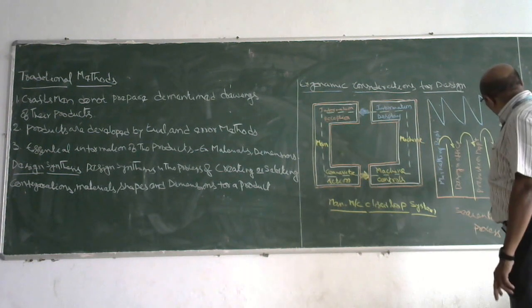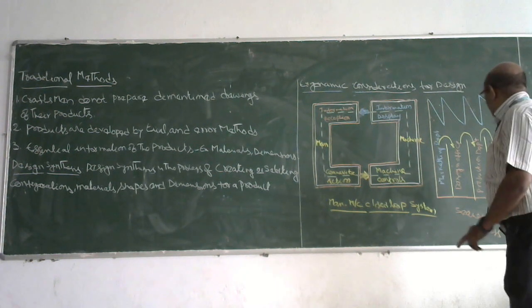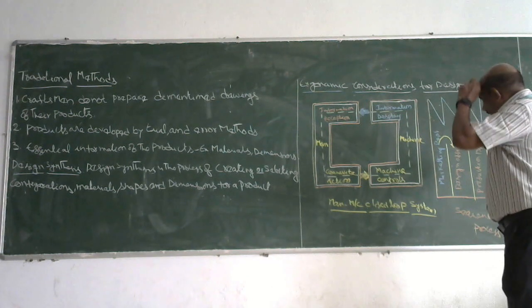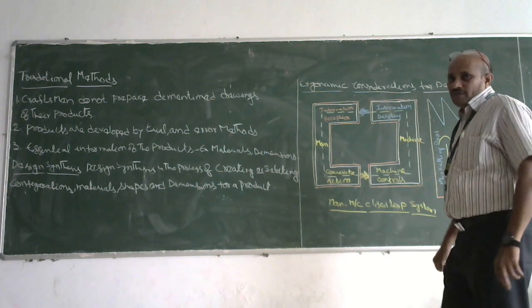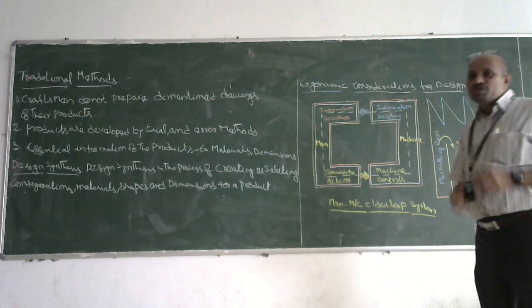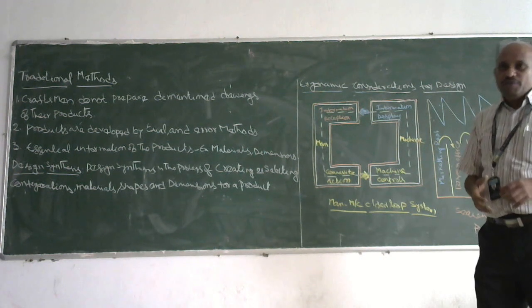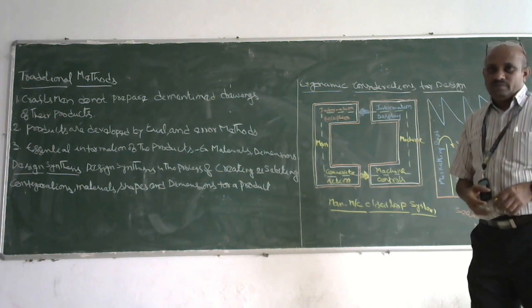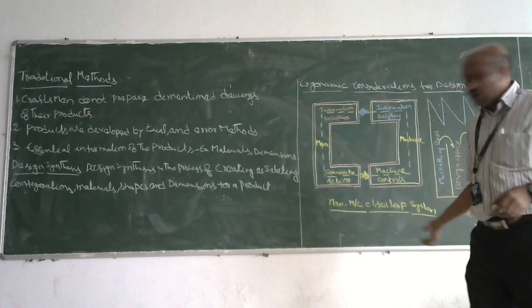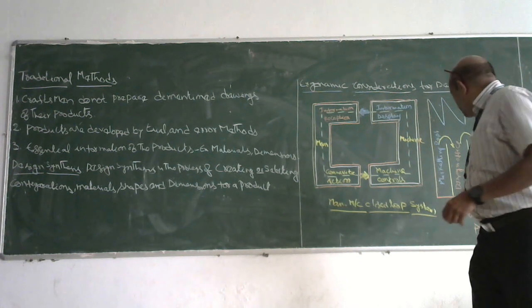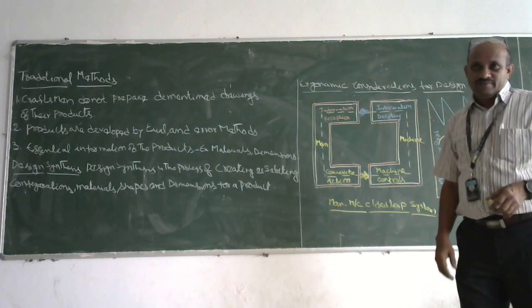After that, it will go to the sales and service department. First of all, I discussed which product you want to design, that is why we are going to see this sequential design process.